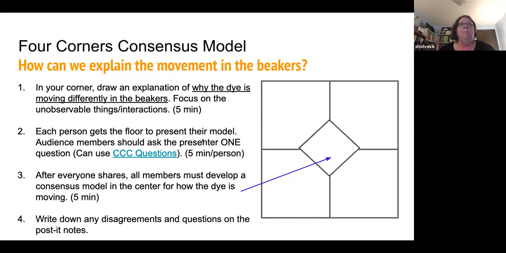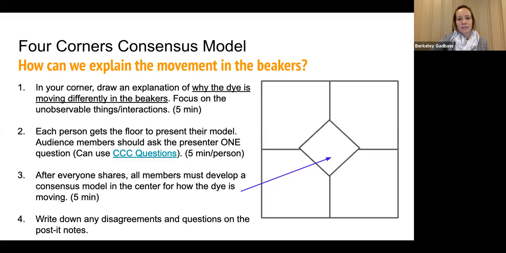Yeah. So I guess we can end with this, a really practical, very cool way to get kids in a safe place to try modeling and also reach a group consensus for their models. So you would take a large piece of paper and fold it into 4, and then fold it one more time at the center to create a diamond shape or a square in the middle.